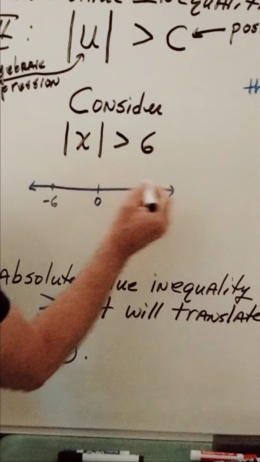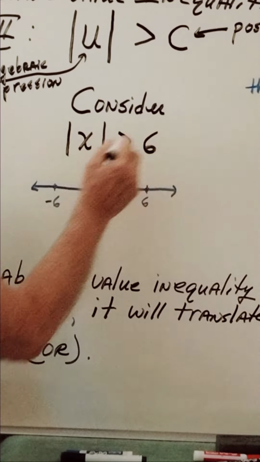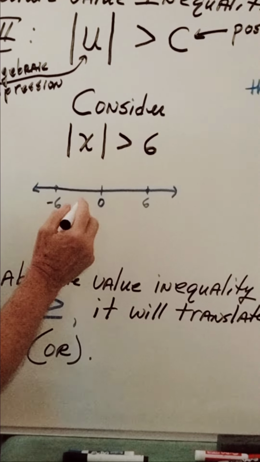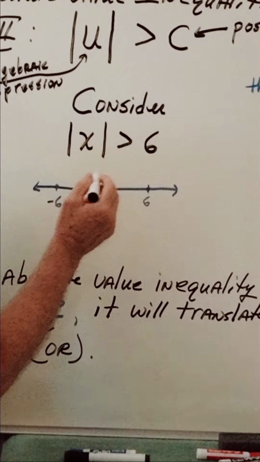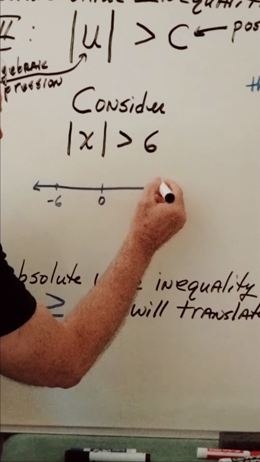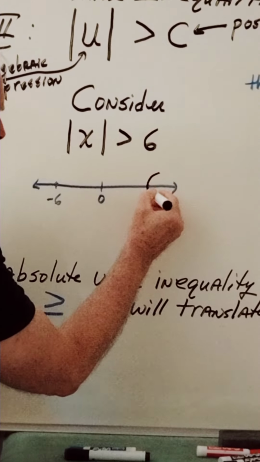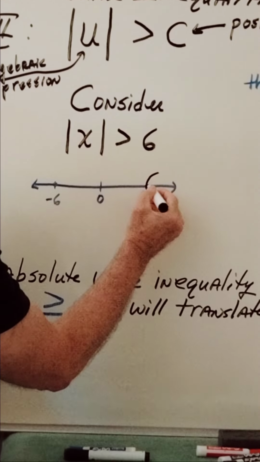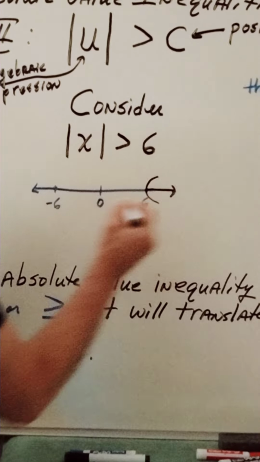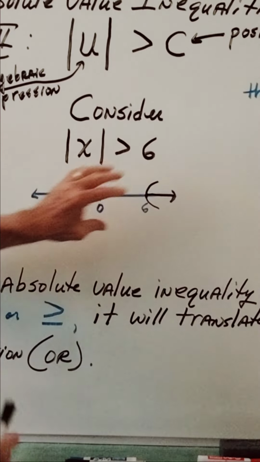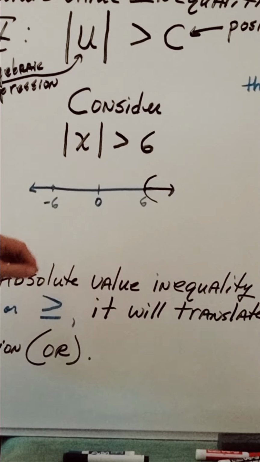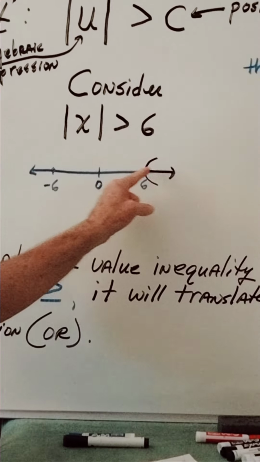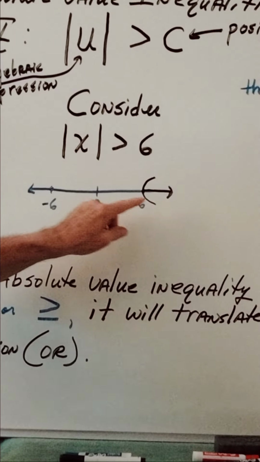So the graph of the part of this that speaks to the fact that x can be any real number that is greater than positive 6, we would make a parenthesis, and it would open up greater, and it would represent all of those points. Now, before we leave this little part of the number line, let's just check some values right here just to make sure that what I have graphed so far is okay.